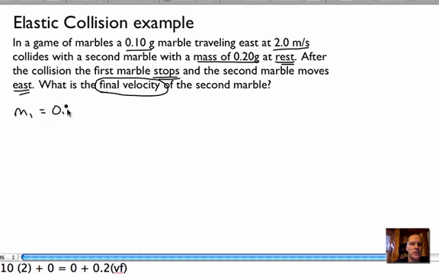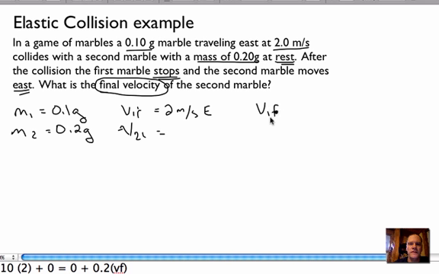M1 is equal to 0.1 grams. M2 is equal to 0.2 grams. V1 initial is 2 meters per second east, and V2 initial, V1 final, V2 final.